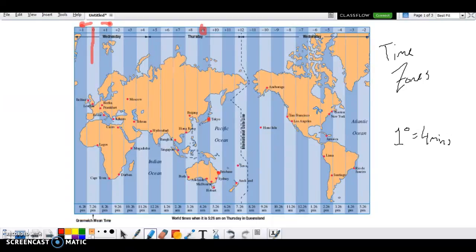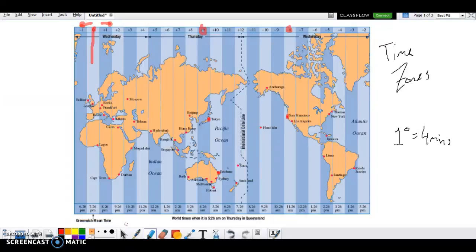And if we have a look over here at San Francisco, they're minus 8. So if it's midnight in London, then you take away 8 hours and you'll get the time in San Francisco. Midnight is 12, take away 8, it's going to be 4 in the afternoon.